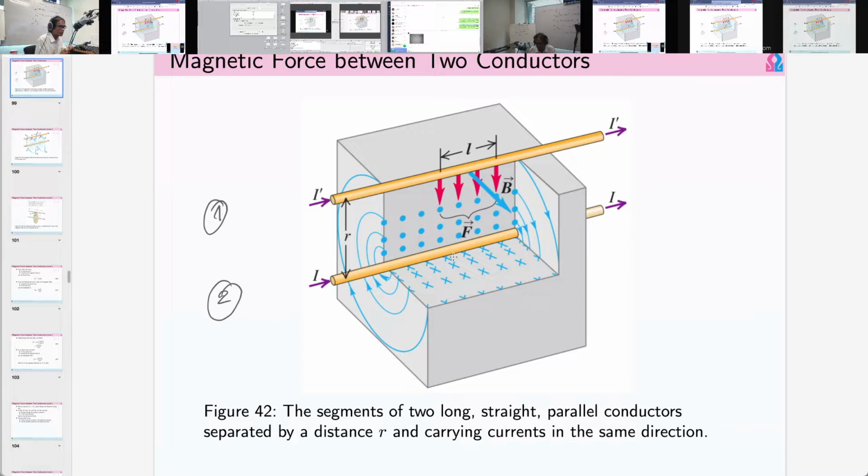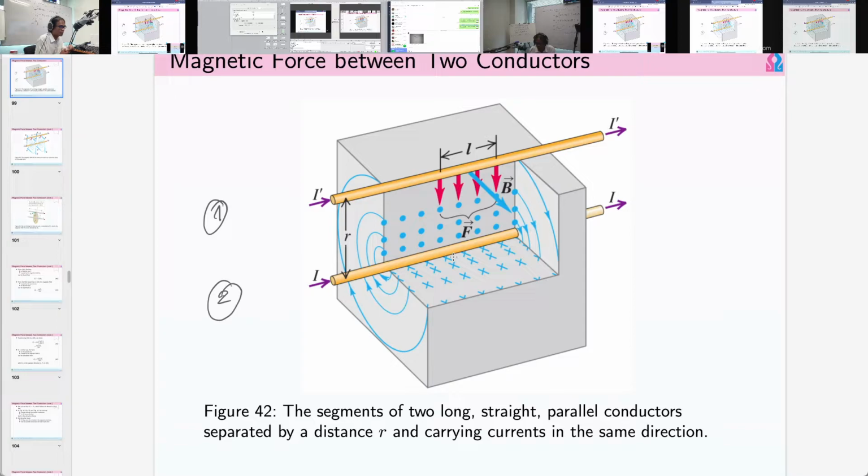Of course, we let the current flow from left to right in the lower conductor. If you lay your thumb in the same way as the current direction, your remaining four fingers give you the direction of the induced magnetic field.